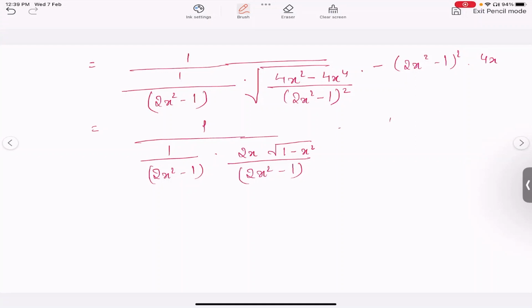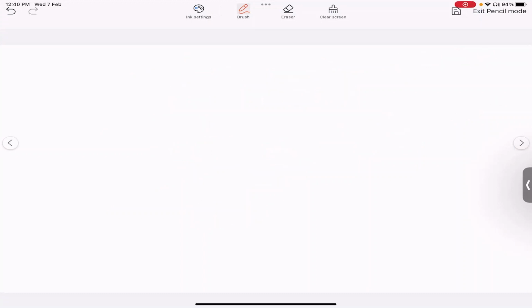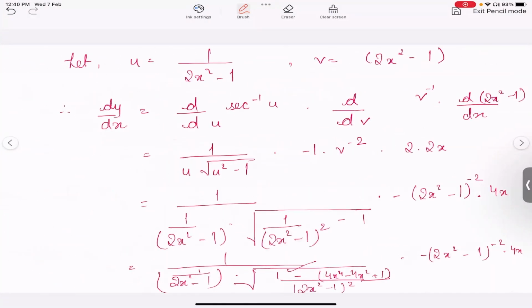This term and this term will get cancelled, and this thing and this thing will become 2. So this will be equal to minus 2 over 1 minus x square. I think this should be the answer. Yes, but it is way too complicated. If we know the form, we can simply substitute it, because it took me 2 pages to solve a single problem.